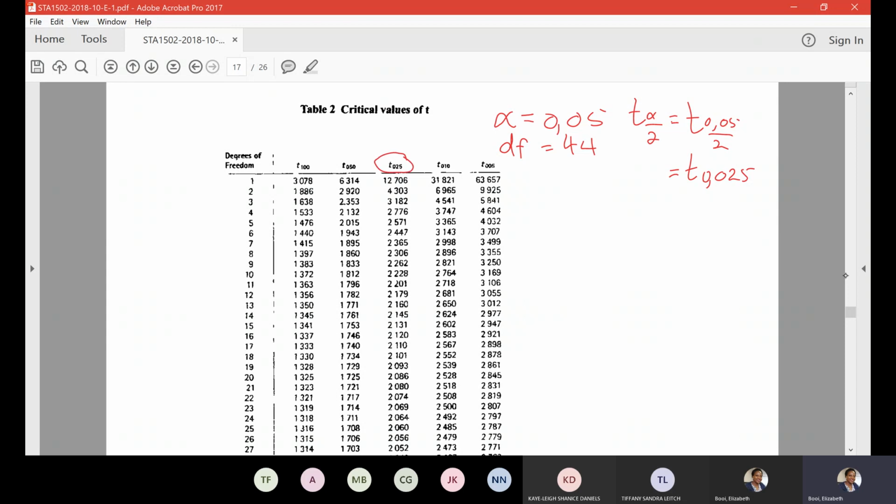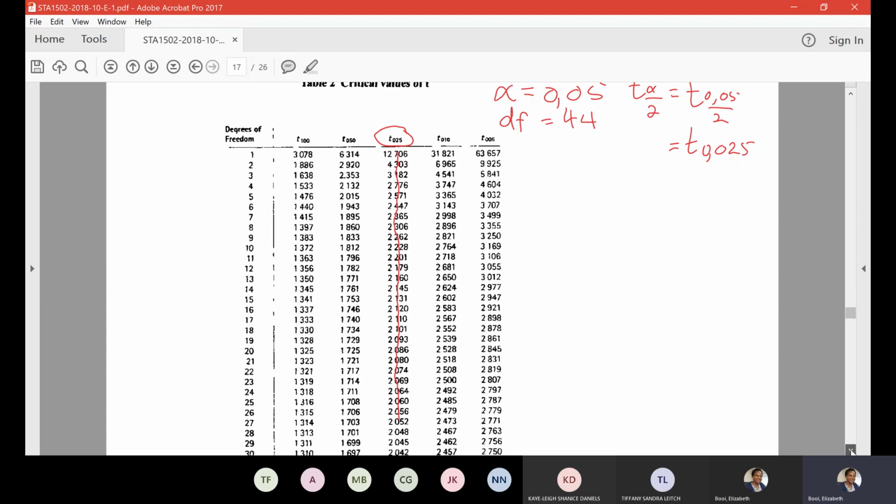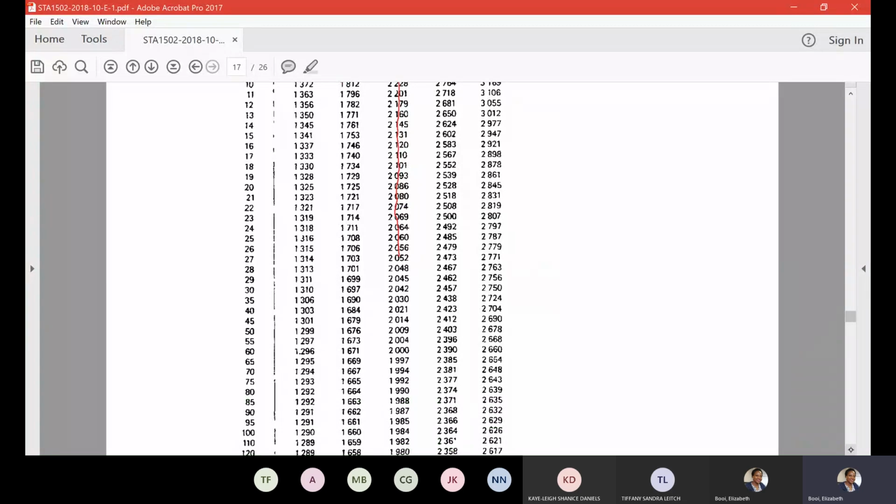Then the degrees of freedom is running down from 1 up until the rest of the other values. So I'm going to highlight this column because I'm going to scroll down so that you can see everything when I'm scrolling down. So you will get to, on this table, they don't have 44, but it ends at 40 and 45.